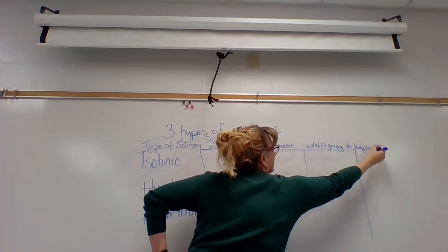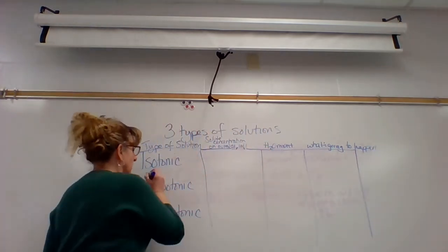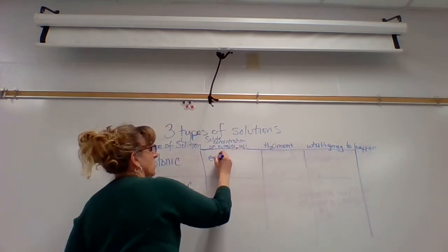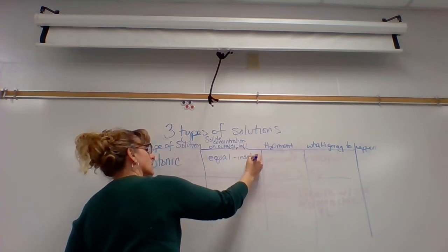All right, so isotonic. Isotonic means that it's all equal, equal on the inside and outside.